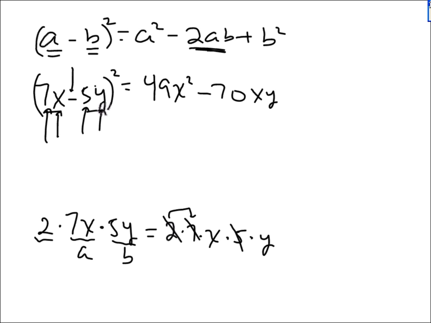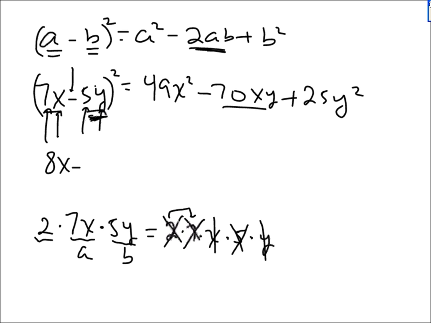Most people never memorize the 14's table. The 10 table is easy. 2 times 5 is 10, times 7 is 70, times x times y. 70xy. Plus the second squared, 5 squared, y squared. And problem's over. You can just read off the answer.